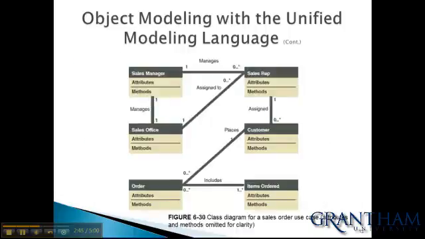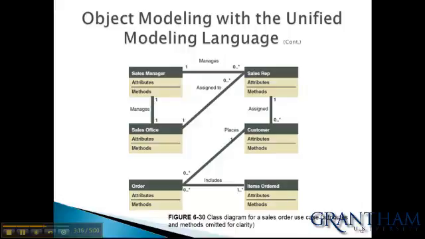Here is an example of a class diagram for a sales order use case, so we see that we have a sales manager who is related to a sales rep, because each sales rep is managed by the sales manager. Also, we see that each sales manager can manage only one sales office.